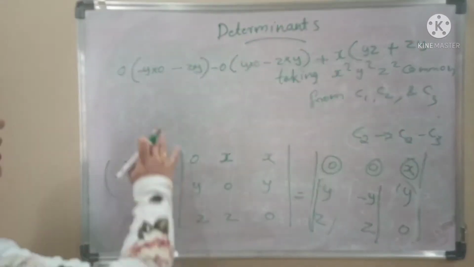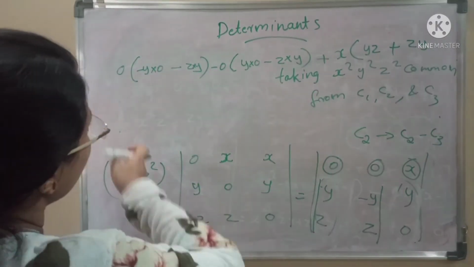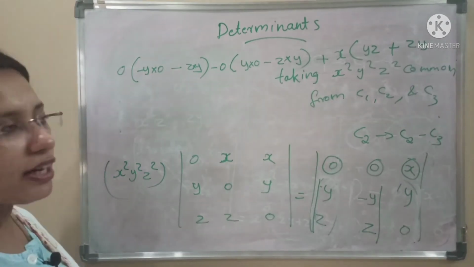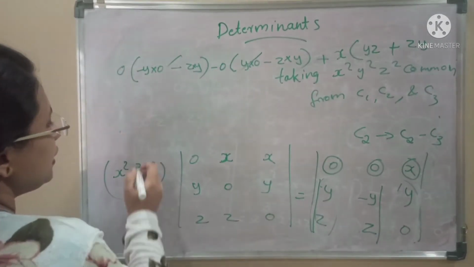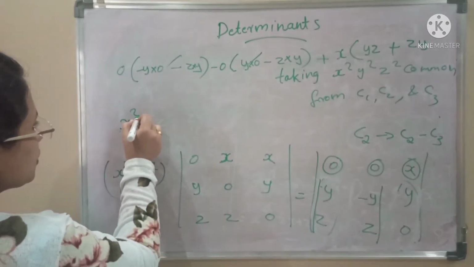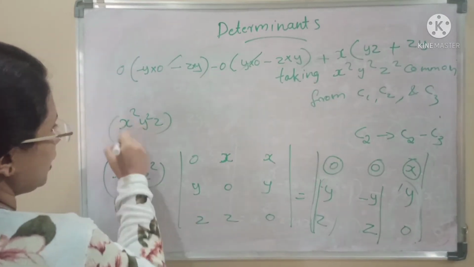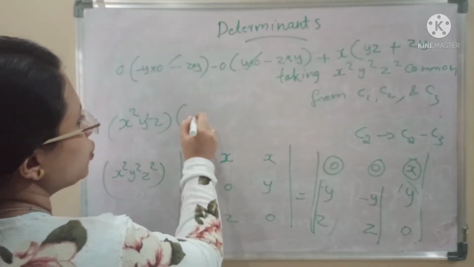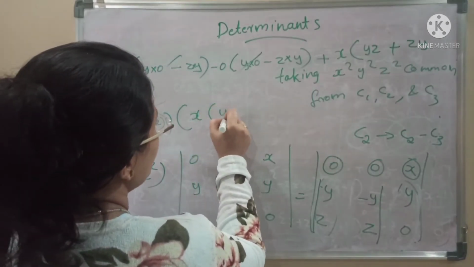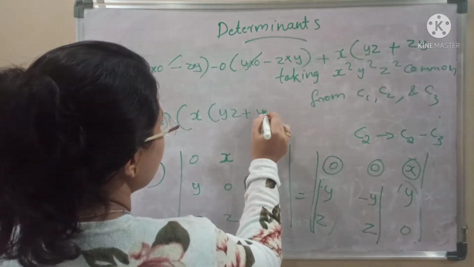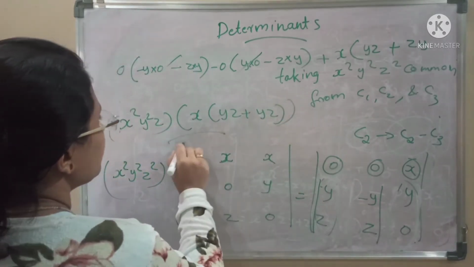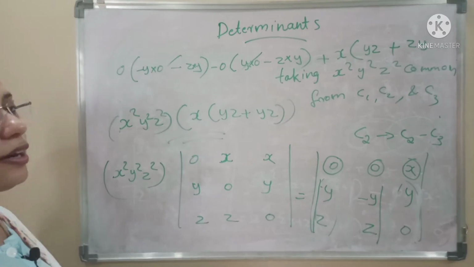Okay, so since these two terms are 0 multiplied with 0, both these will get cancelled. So finally we have x square, y square, z square outside the determinant, right? Into x into yz plus zy, both are the same, yz. Okay, so this will be our answer.